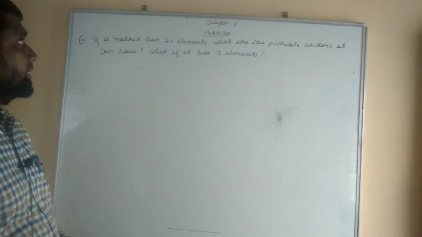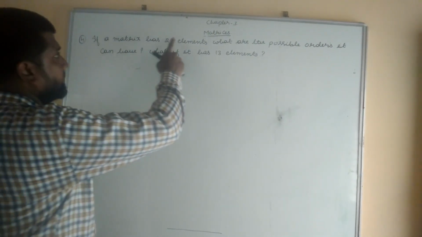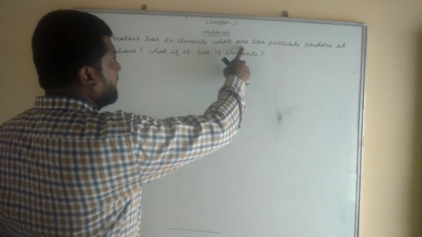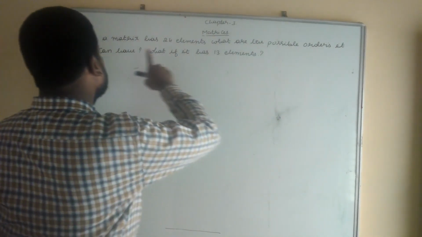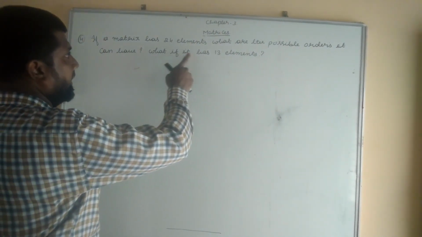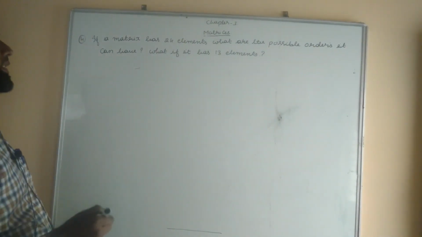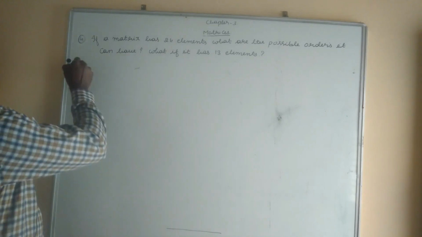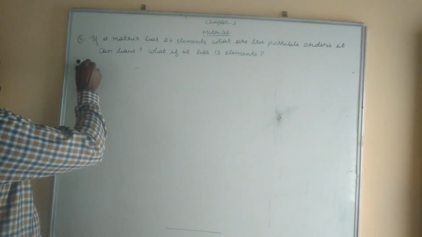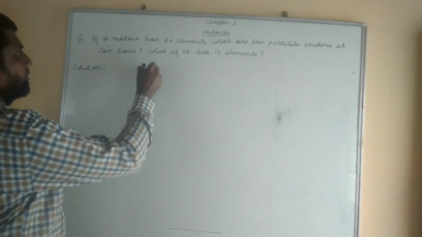Okay, let us go for the fourth problem. If a matrix has 14 elements, what are the possible orders it can have? What if it has 13 elements? The third problem we already solved, same type of problem. So he has given 24 elements.